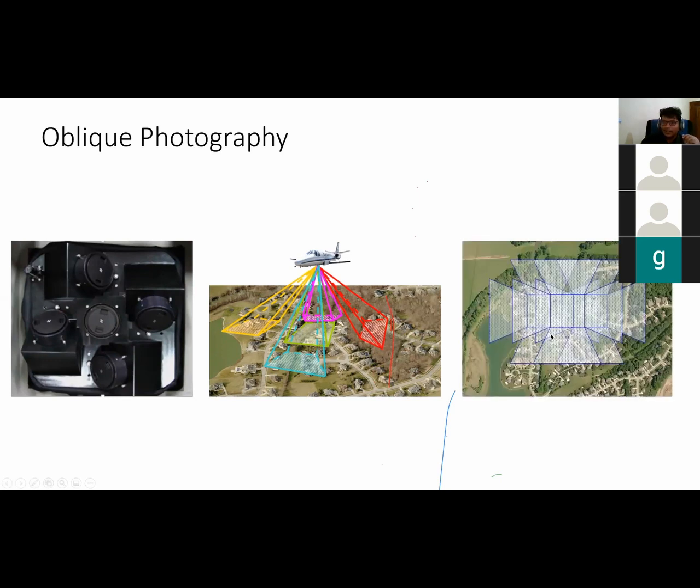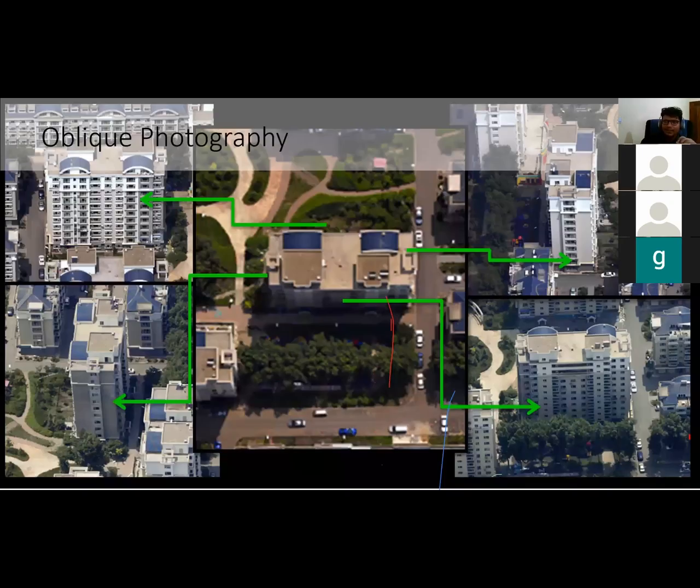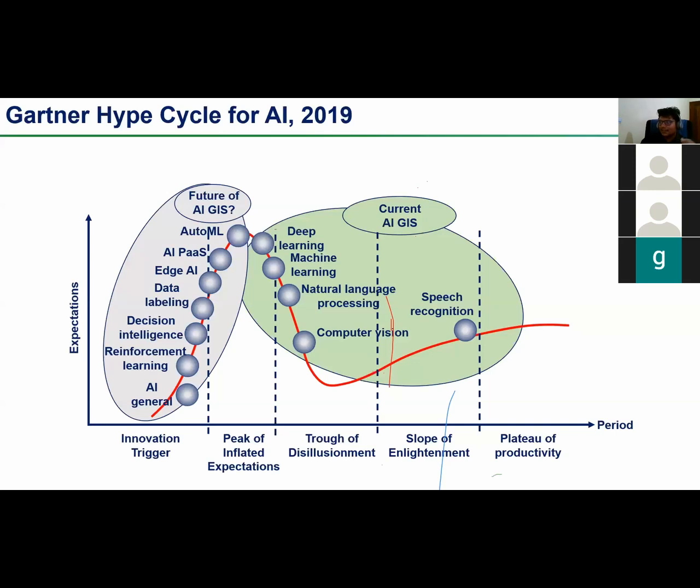If you remember your photogrammetry lessons, we can overlay two differently angled photos and then get the 3D elevation. We do that in oblique photography, and you can strategically locate the points and take the images as you like. That is an improvement with drone technology, because you can locate your drone at the places you like.